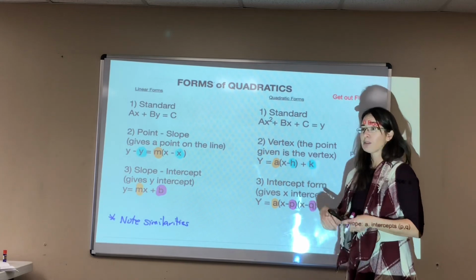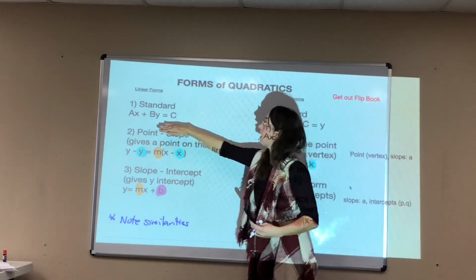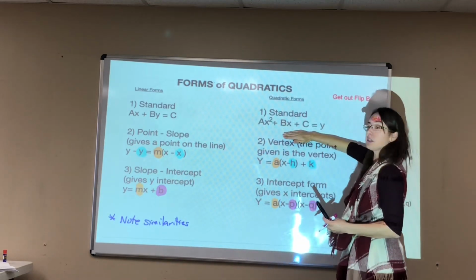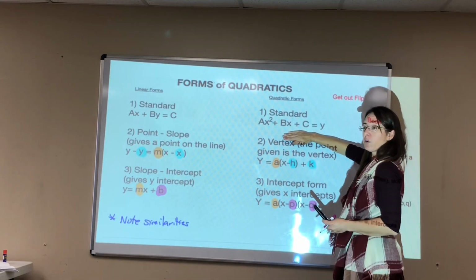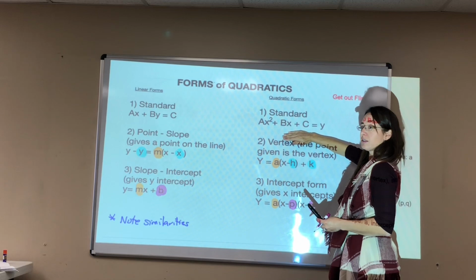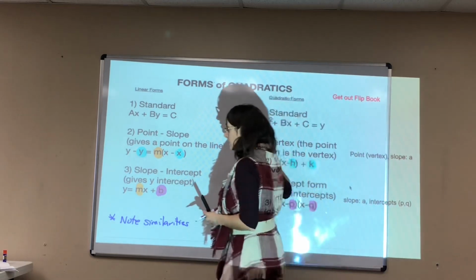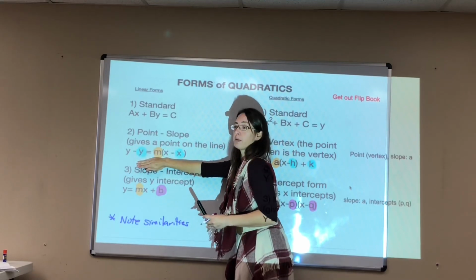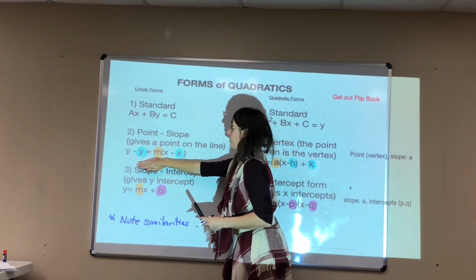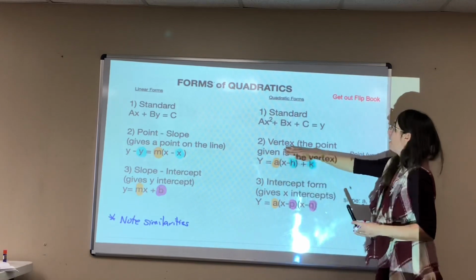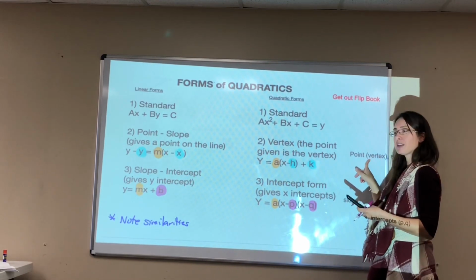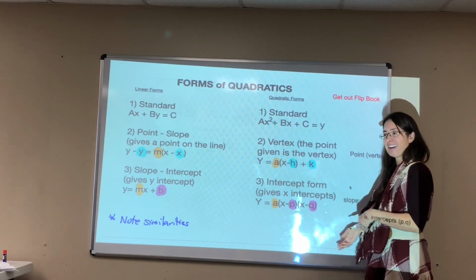I've tried to color code them so we can see the same thing. So where we had a standard equation for a linear, we now have the standard equation for a quadratic. All right? Looks consistent across there. Where we had a point slope for a line, they call it vertex, but the vertex is actually a point on the line, right?